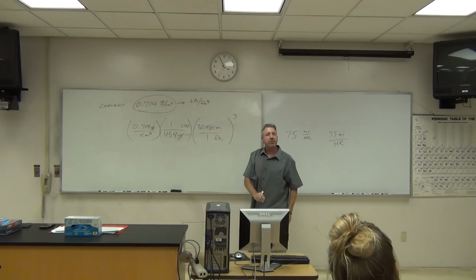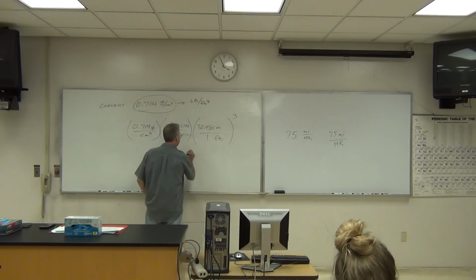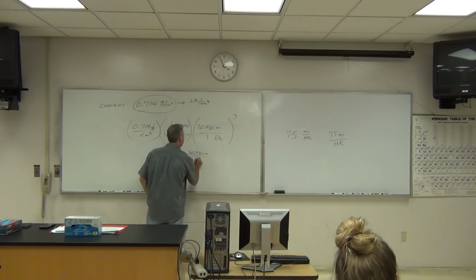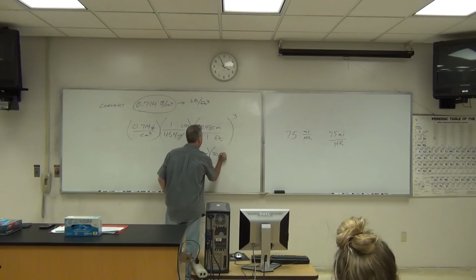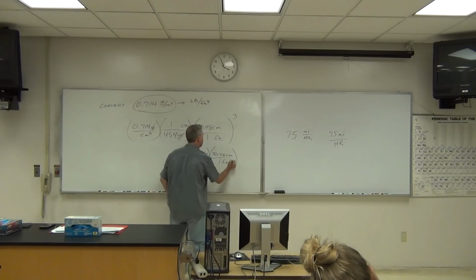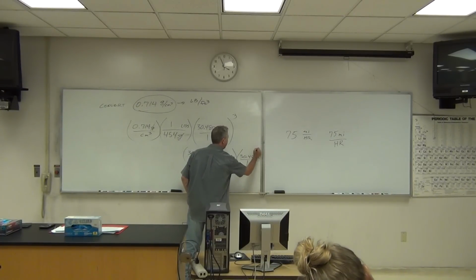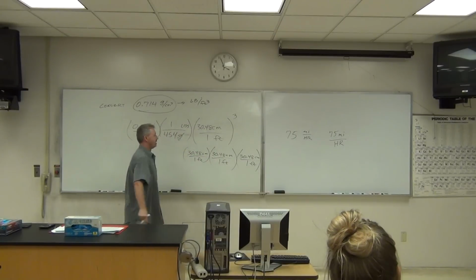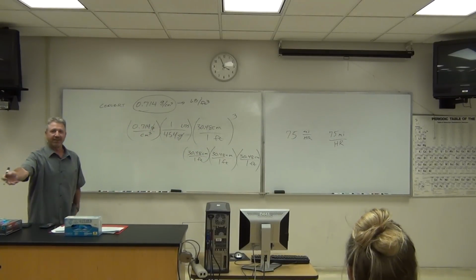So all I have to do is cube this particular conversion factor. So I take 30.48 centimeters over 1 foot, times 30.48 centimeters over 1 foot, times 30.48 centimeters over 1 foot. There it is. 30.48 times 30.48 times 30.48.